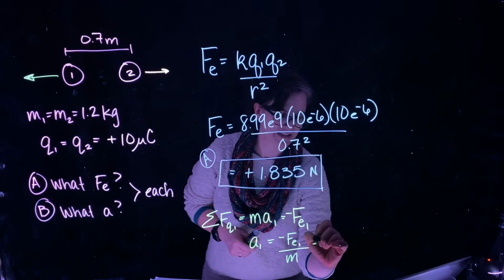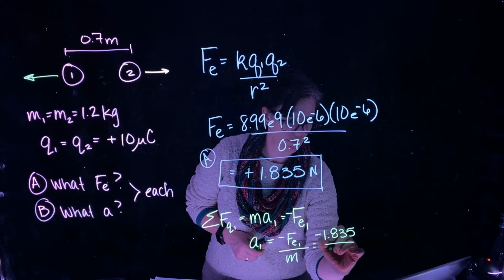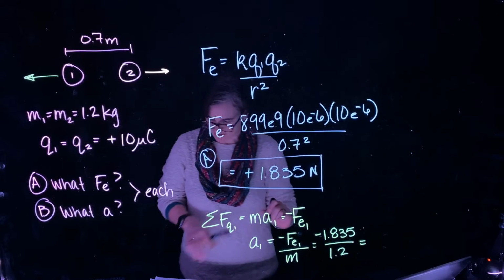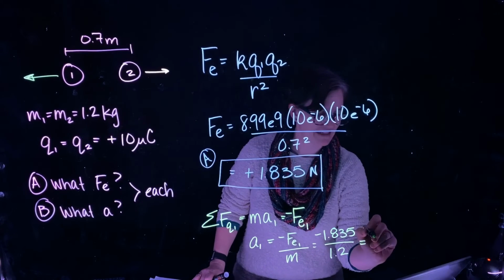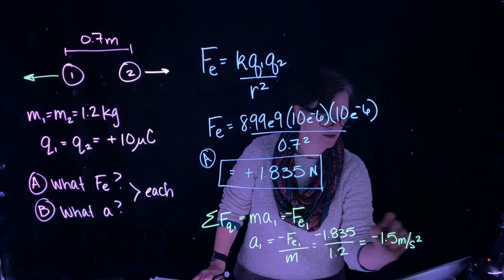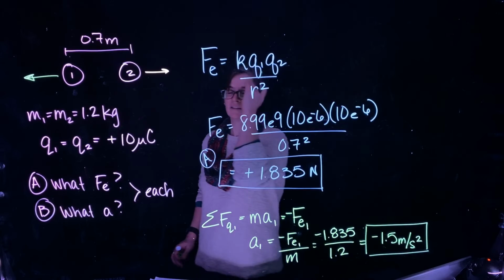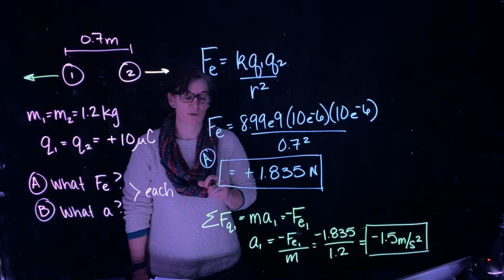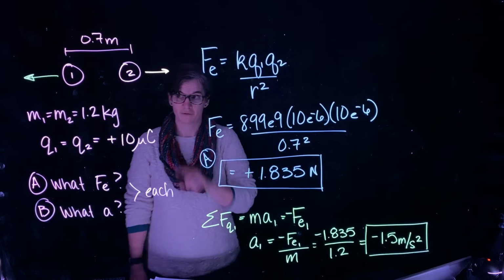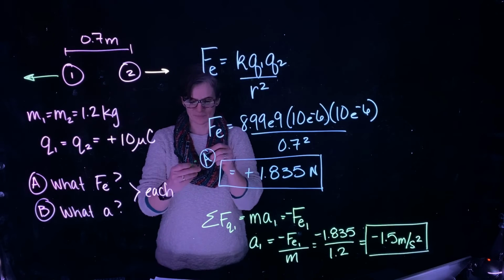So I have negative 1.835 over the mass of 1.2 kilograms, and that acceleration is a negative 1.5 meters per second squared. So the acceleration of object 1 is negative 1.5 meters per second squared. I've been explicit about my direction of that force using my picture and recognizing that I have a repulsion.